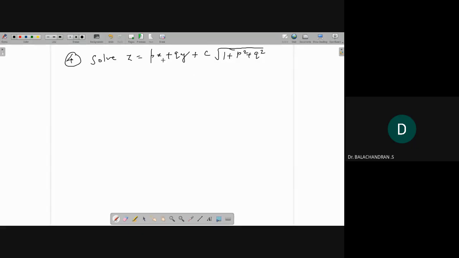So actually you should find out again, this is a Clairaut's equation because this is equal to px plus qy plus function of p, q. We call this equation 1. Equation 1 is Clairaut's equation.